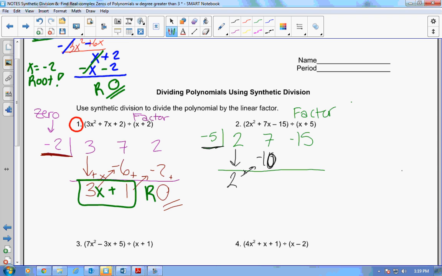What number do I put here? Add. Negative 3. So we add the column, then we multiply diagonally by the number in the box. Negative 3 times negative 5. Positive 15. Now if I add my column, I get 0, which is good. You want to get 0.